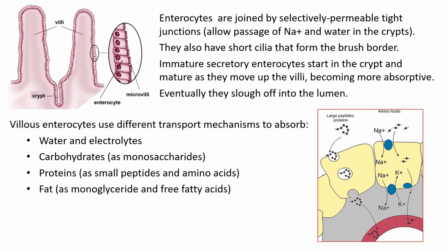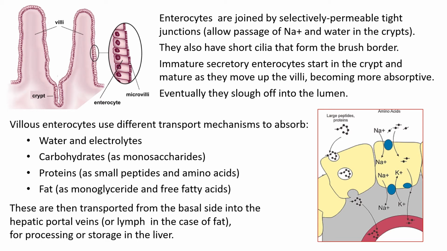So they have different transport mechanisms in order to absorb water, electrolytes, in other words ions, carbohydrates as monosaccharides once they've been broken down, proteins once they've been broken down into small peptides and amino acids, and fat. Fat is absorbed as monoglyceride or free fatty acids.